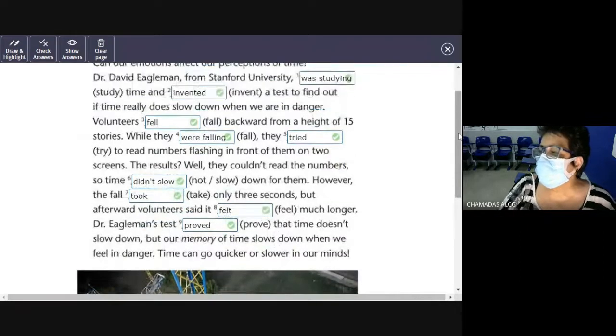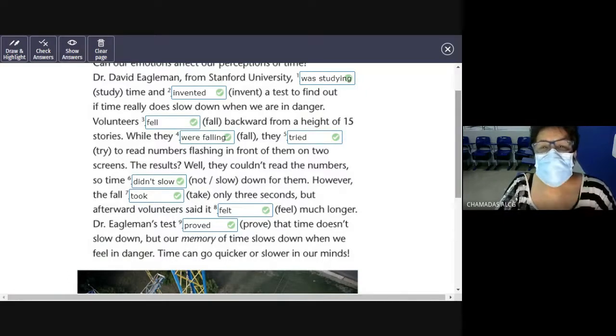So this is only a perception of time. Okay. When we are in a difficult situation, not only in danger, but any kind of difficult situation, in pain, in danger, anxious, waiting for someone, feeling some kind of negative emotion, time can slow down in our minds.